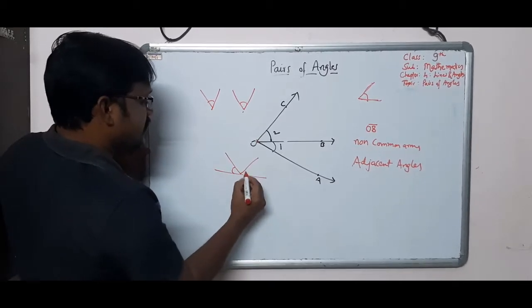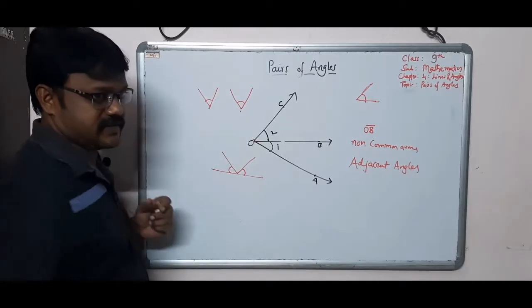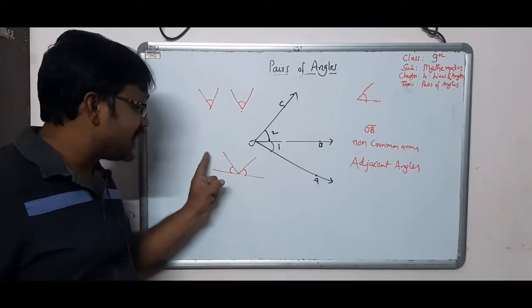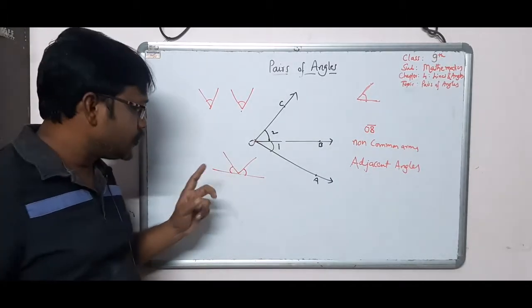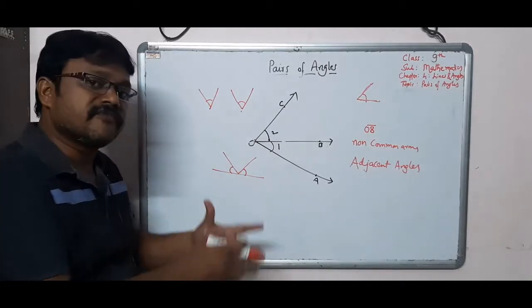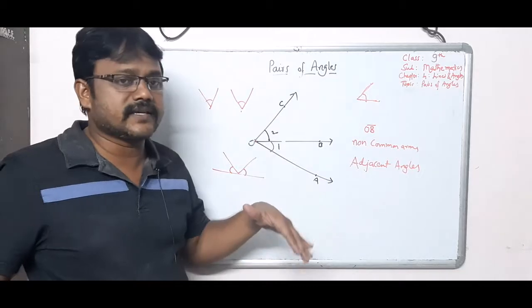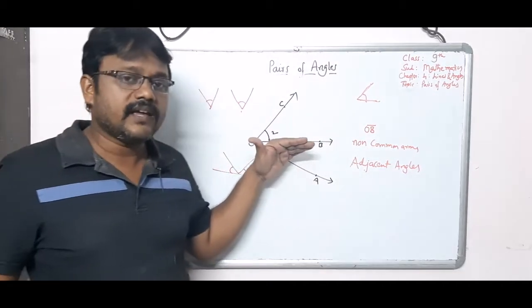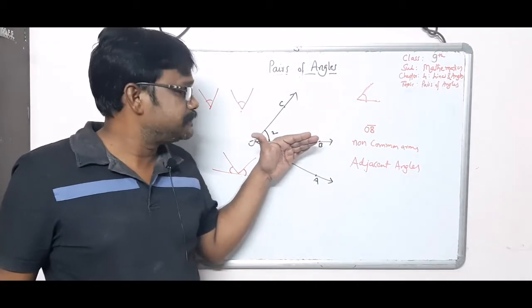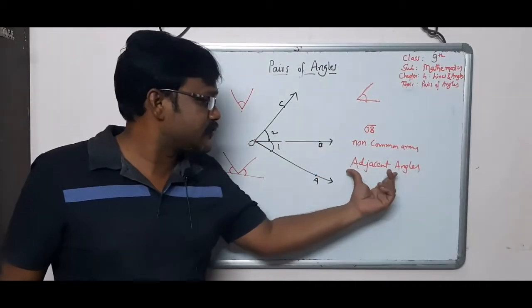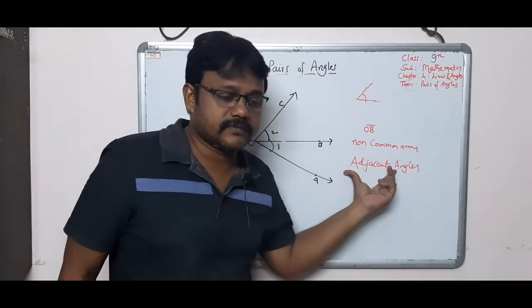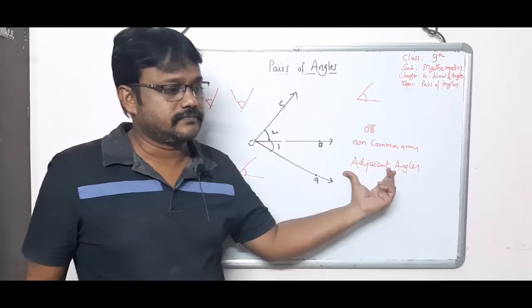Suppose this angle cannot be adjacent angles because they do not share any common arm. So you need to look for some features to declare those angles are adjacent angles. I'll give you examples in the later stages. So what is the pair that we introduced now? Adjacent angles. Okay, right.